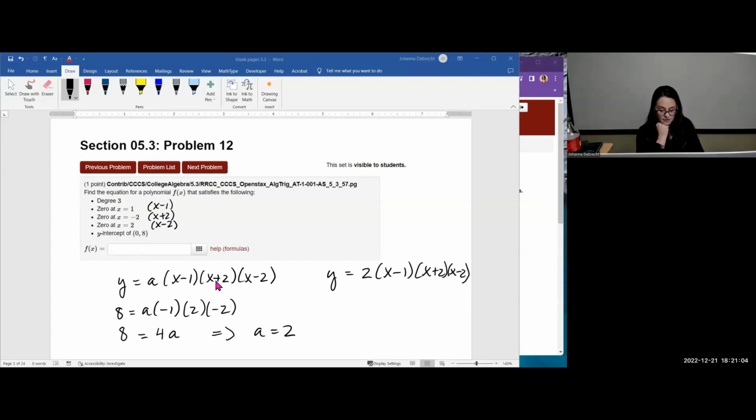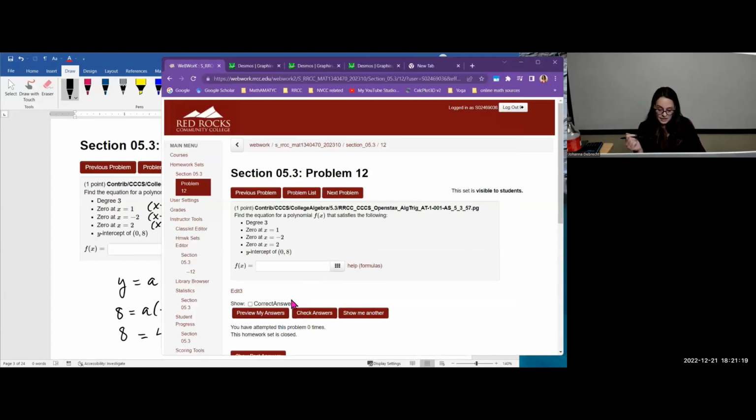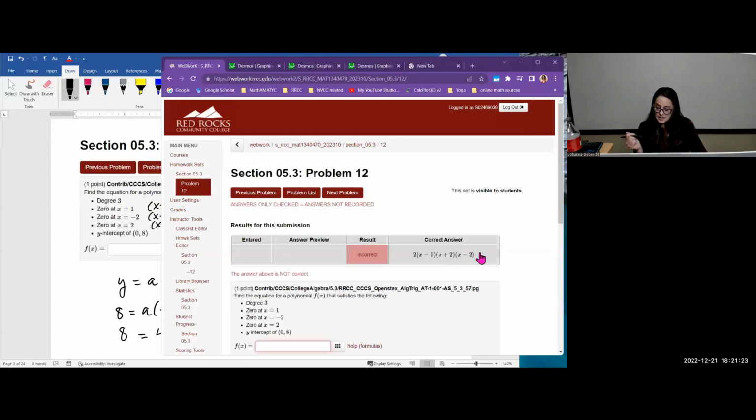So these variable terms drop out, and I get 8 equals a times -1 times 2 times -2, which gives me 4a is 8 or a is 2. And that gives me this expression that you see right here. And let's go ahead and compare it. And I'll cheat, which you can't do, and you can see that that is indeed the solution.